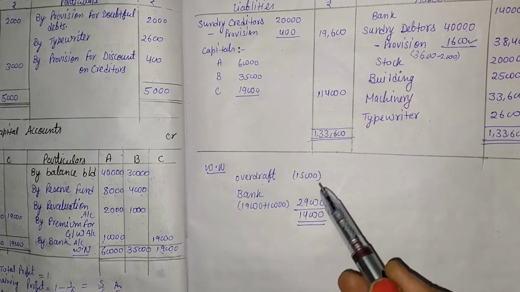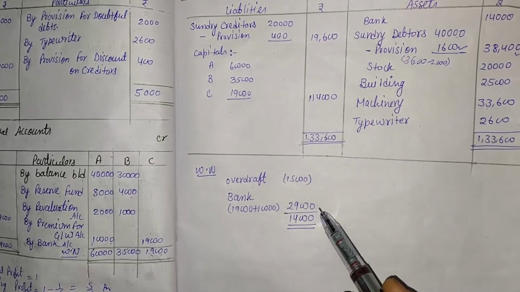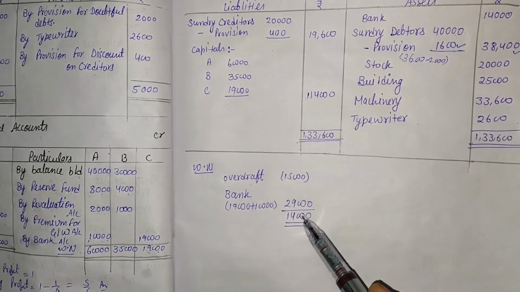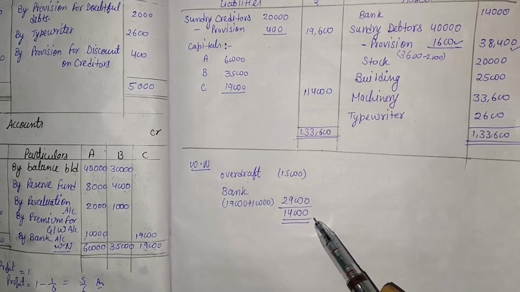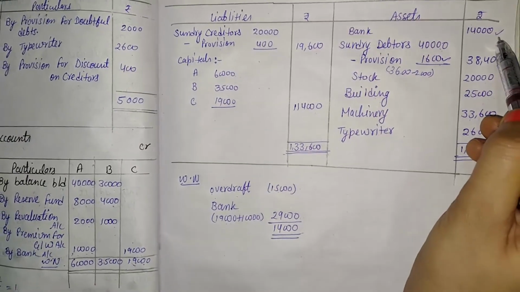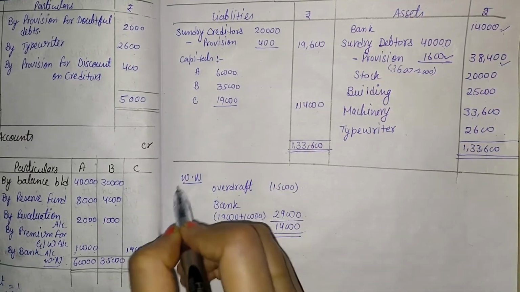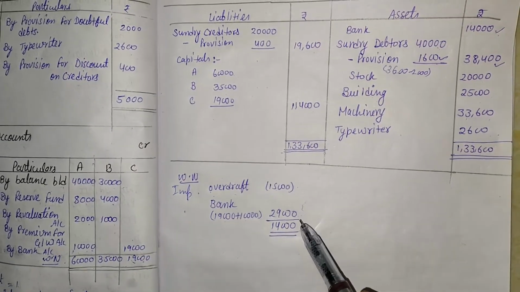So 15,000 is the negative value and 29,000 is the positive value. After that we get a positive of rupees 14,000, that is the bank balance. Here it is, bank balance by rupees 14,000. It is a very important point. With this question, this chapter is finished.